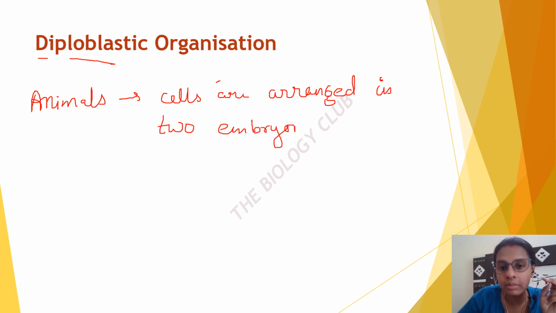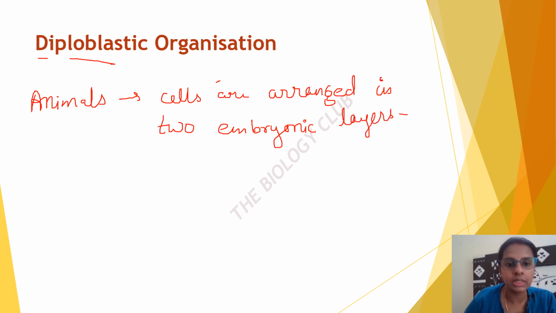So when the animal is in embryo form, right? When the animal is in embryonic stage, at that time, the cells in it are arranged like this. We are talking about how the cells are arranged when the animal is in embryonic stage. Okay, so here the two embryonic layers will form.